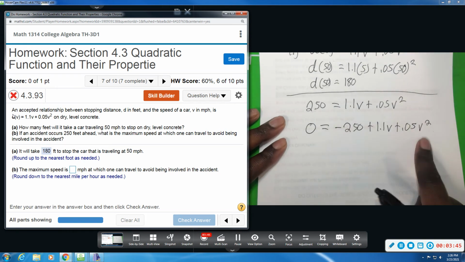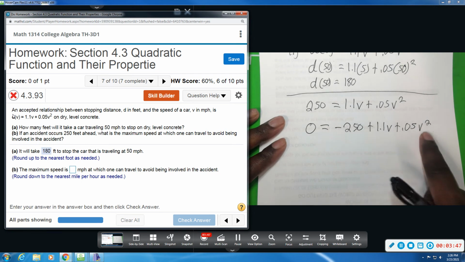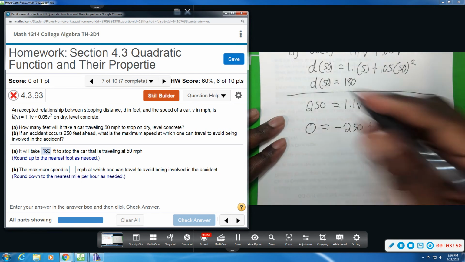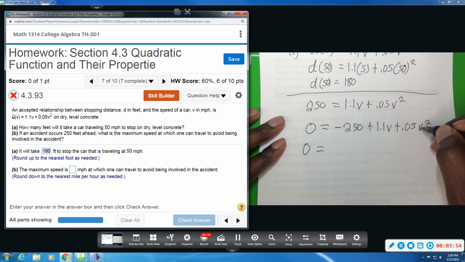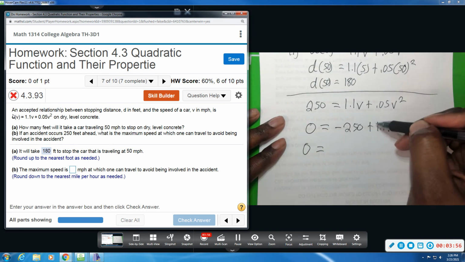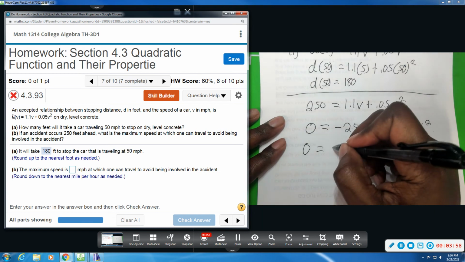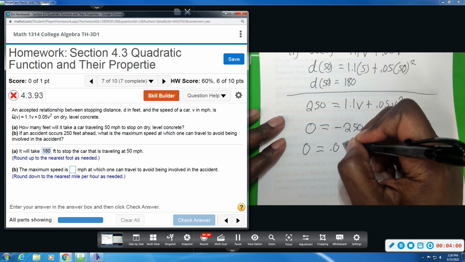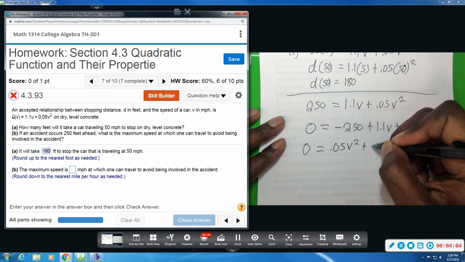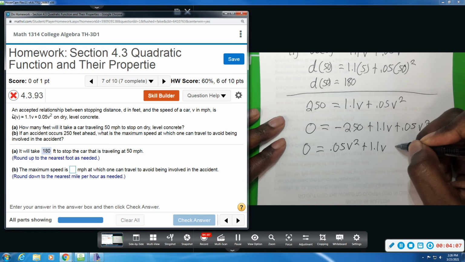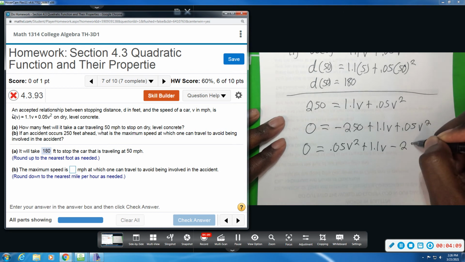Now I'm going to rearrange this because I'm used to the squared term being out front, and you can totally do that, so long as you keep these signs intact. This is positive, this is positive, this is negative. So 0.05 V squared plus 1.1 V minus 250.